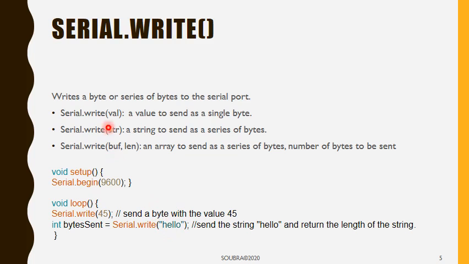So this is the string version of it, and we can see that it has 1, 2, 3, 4, 5 characters. So each character is naturally 1 byte long. So this means that I'm sending 5 bytes. So 40 bits of data here. 40 bits that I'm sending. And if ever needed, it will return the number of bytes that are being sent, so I can use them somewhere for some reason or another.